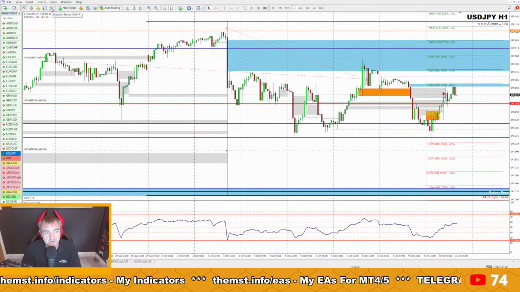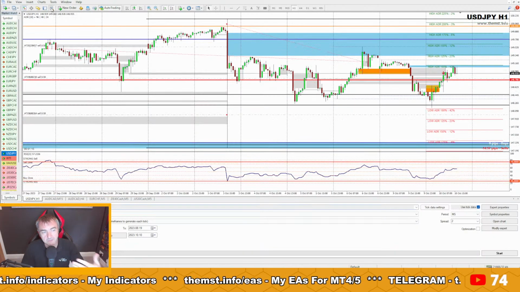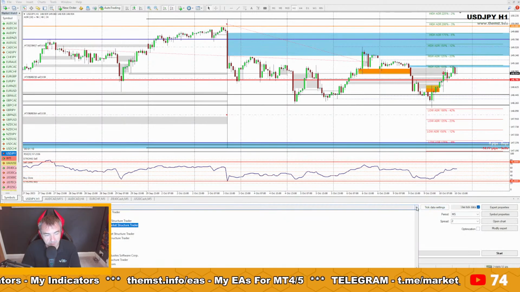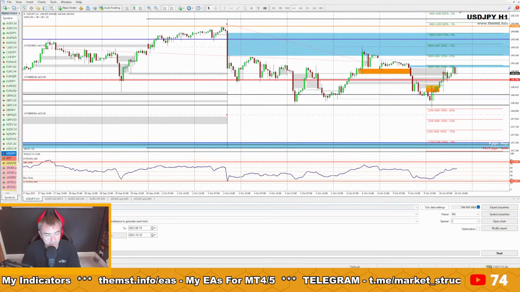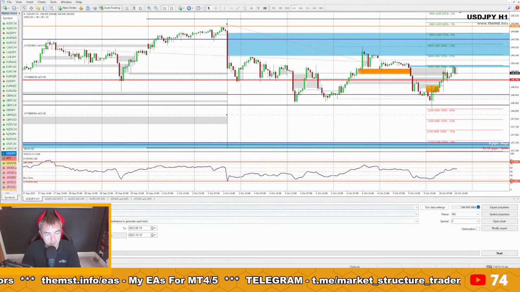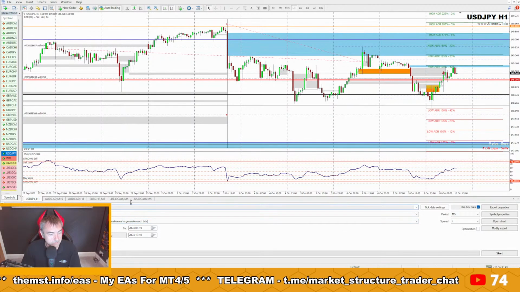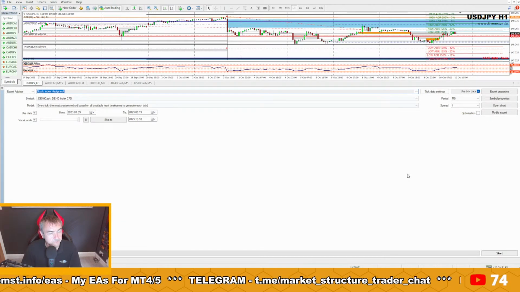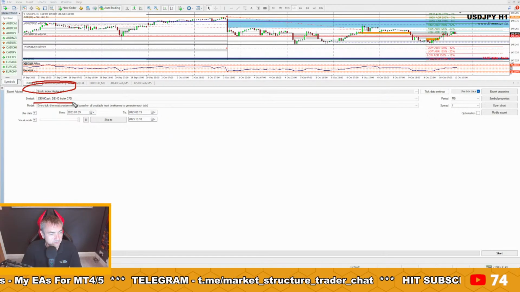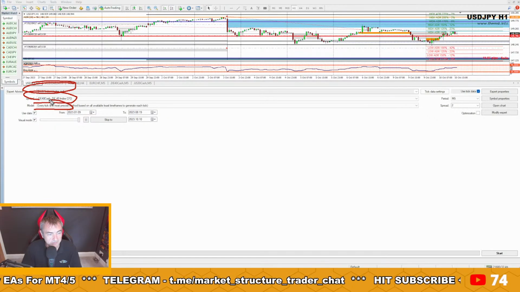So with the strategy tester, when you buy or download something from the marketplace, it automatically goes in and becomes selectable in the strategy tester. Yeah. So you just select the EA you want to test in the strategy tester. You select the symbol. Select every tick.